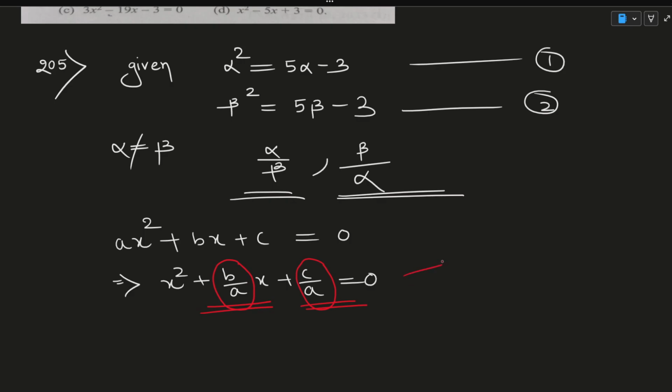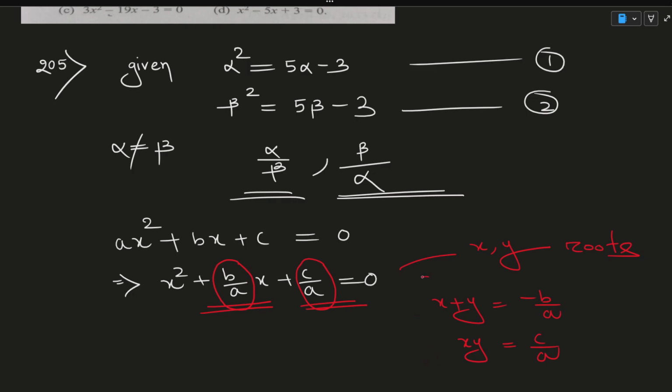Okay, so let the two roots be x and y, then x plus y will be minus b by a and xy will be c by a.